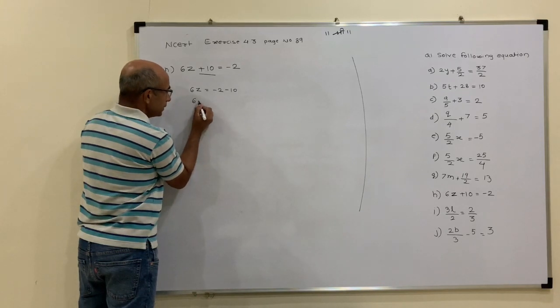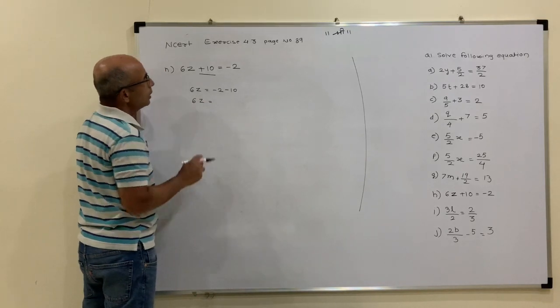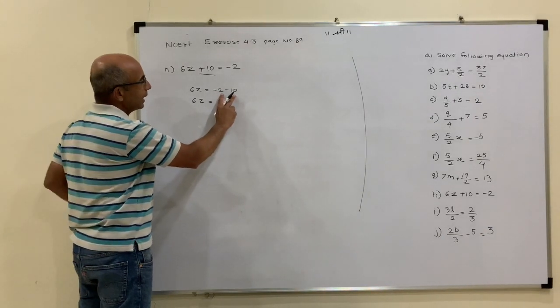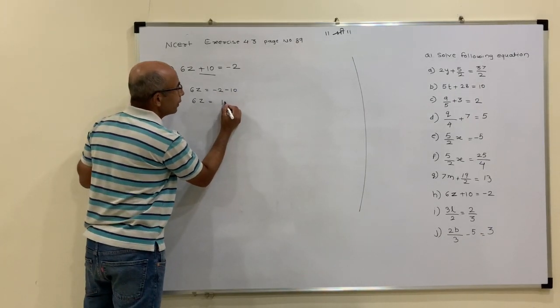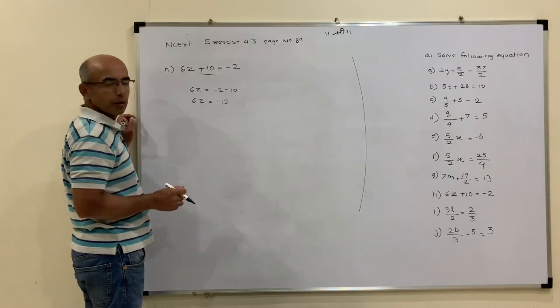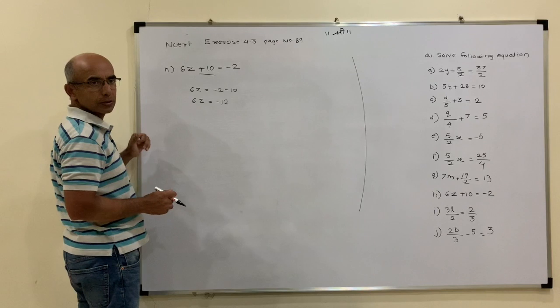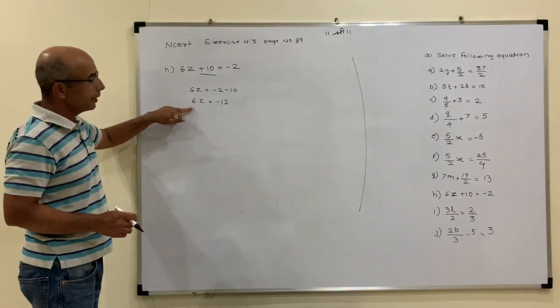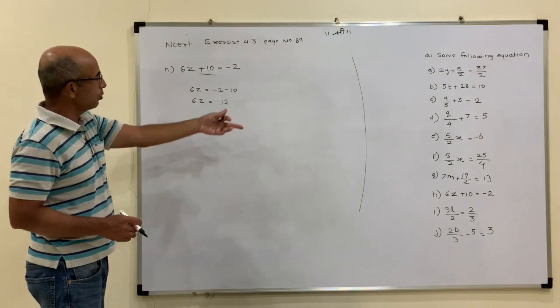So next step, 6z equal to, now signs are same, so we'll be adding 10 plus 2 will be 12, and the same sign over here, so the answer is minus 12. Now I'll be transposing multiply 6 onto other side.